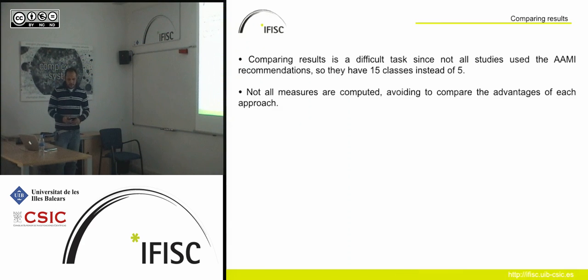And they don't publish all the measurements that I show now. This doesn't allow us to see the advantages and disadvantages of their models or their approach. Because if you base everything on recall, it doesn't mean that you are performing well in all the others. So you actually need to show most of these measurements.